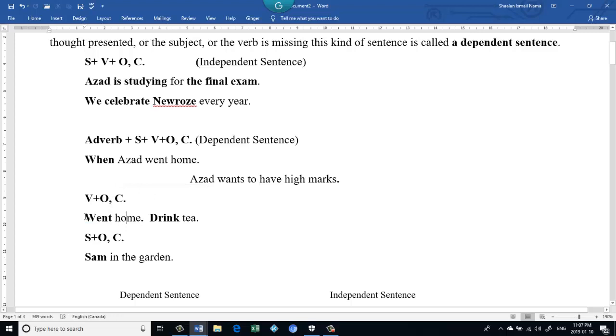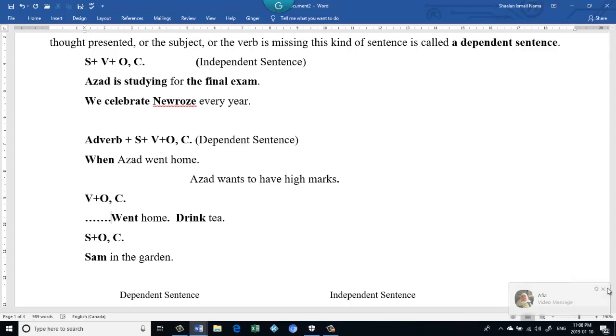Here we're missing something before went. We're missing something here because we don't have the subject. And as we said, whenever we start the first word in English, we have to start it with a capital.